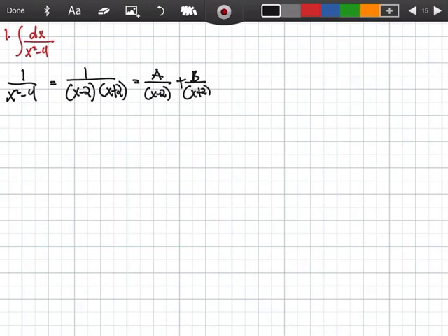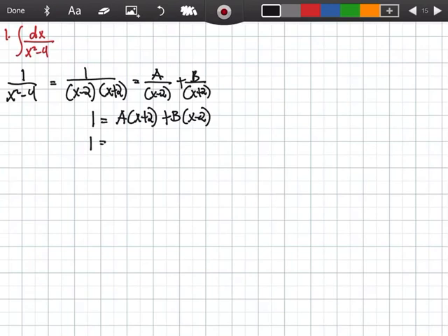And then, we multiply each side of the equation by its denominator. That means it cancels, and we get 1 is equal to a times x plus 2 plus b times x minus 2. So, we combine like terms, like x.